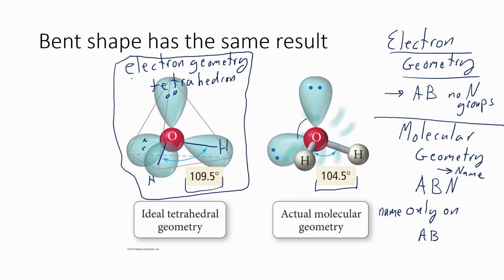And if we named the electron geometry, we'd say that's a tetrahedron, and that's how we set it up before we go in and look at just the bonds to atoms. So when we name the molecule, we name the molecule shape. We're not just putting it together and drawing the shape. Drawing the shape comes from the electron geometry. But when we name the molecule, wow.